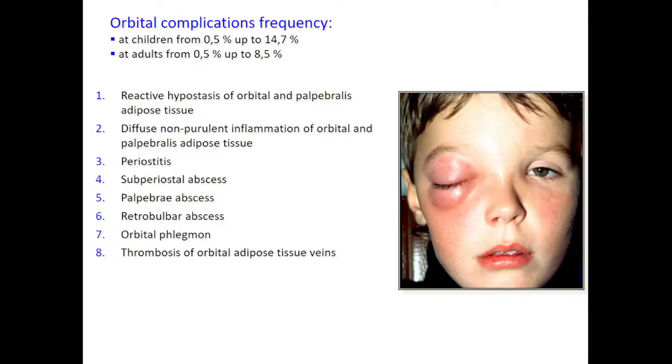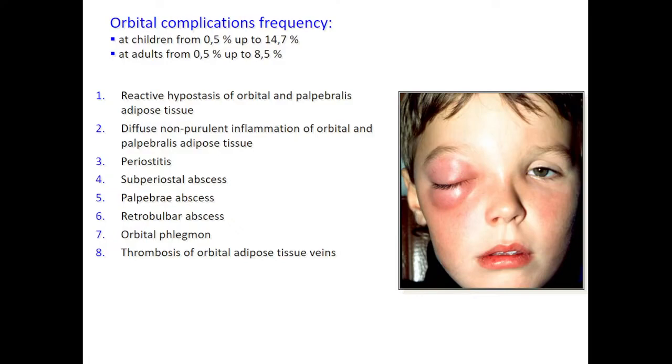So you see that in childhood, the complications are more frequent because of additional ways for spreading of infection, and because of the specifics of the immune reactive organism, and a lot of fat tissue.